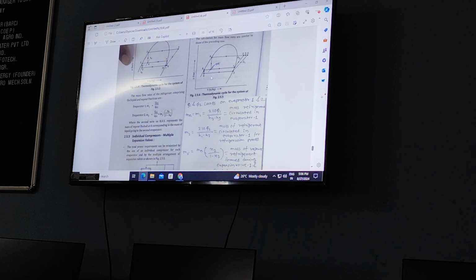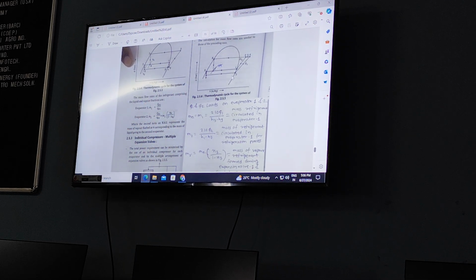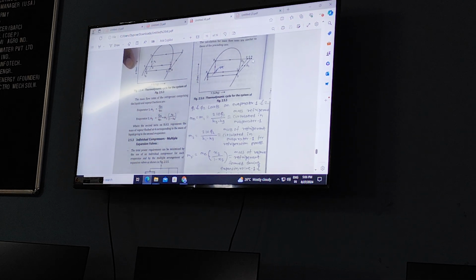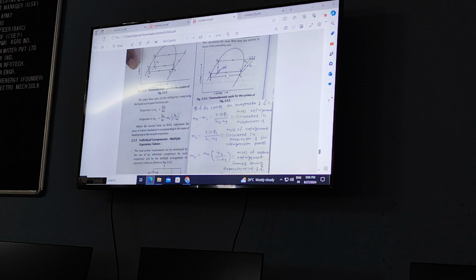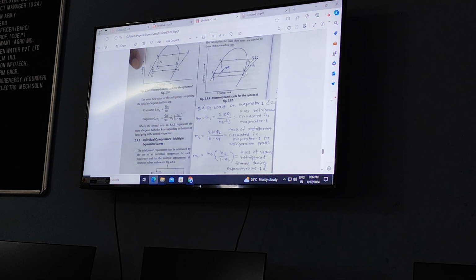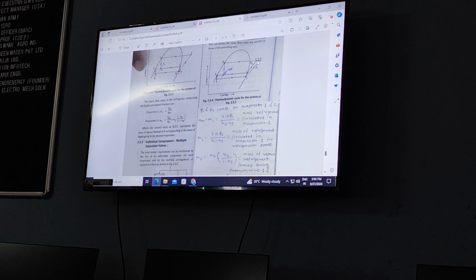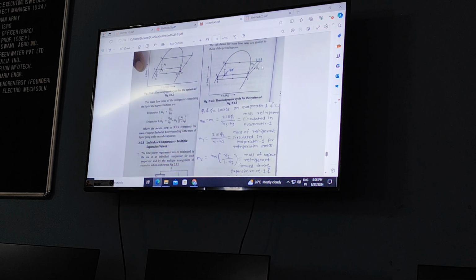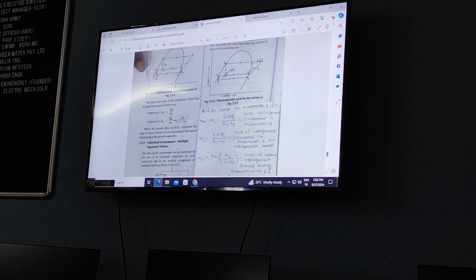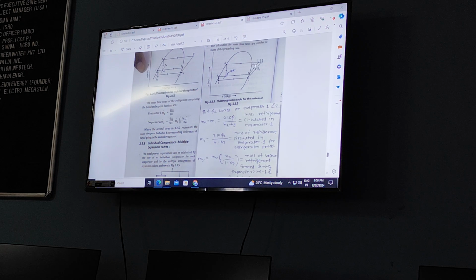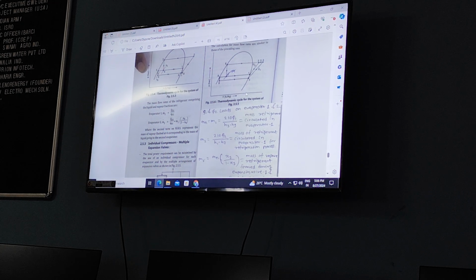Output of evaporator 1 is what? 3. That is individually compressed from 3 to 4. Output of evaporator 2 is what? 1. That is individually compressed here. So total work is how much? P1 plus P2. That is area of this triangle plus area of this entire triangle.